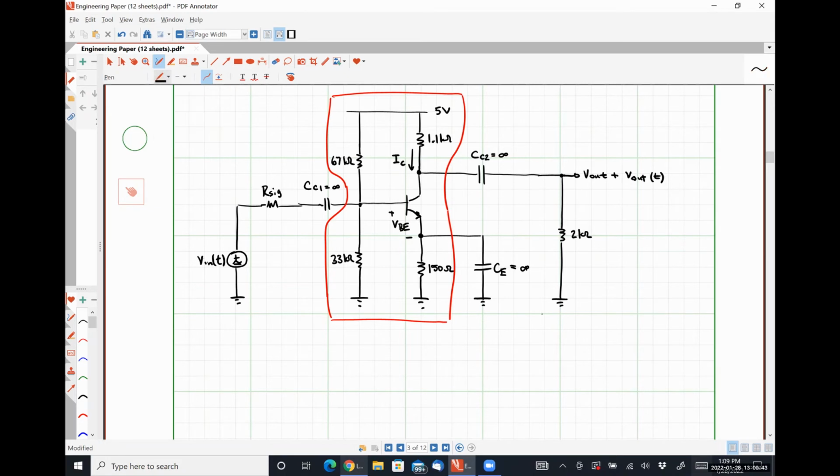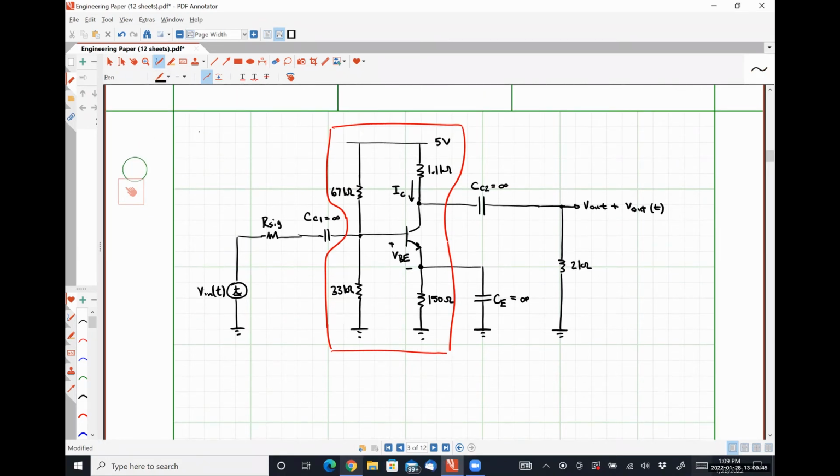If our transistor has the following parameters, IS is equal to 5 nanoamps, beta is equal to 100, and the early voltage is equal to 5 volts, we should have enough information to determine the DC operating point. We're going to neglect the early effect in our DC analysis and develop a small signal model, or at least determine what our small signal parameters should be.